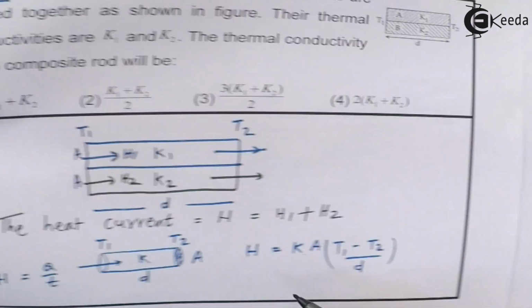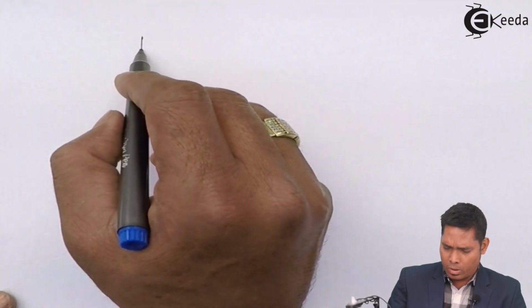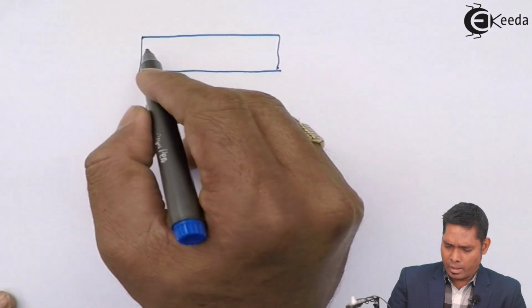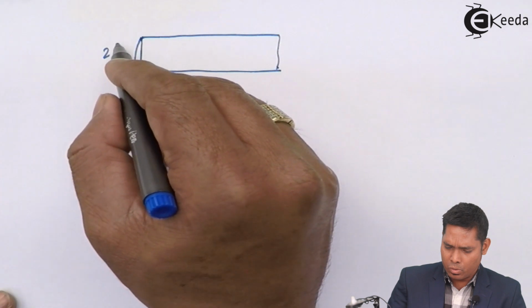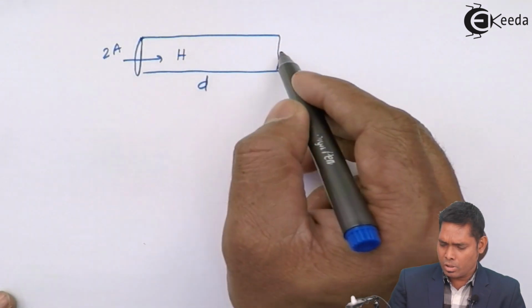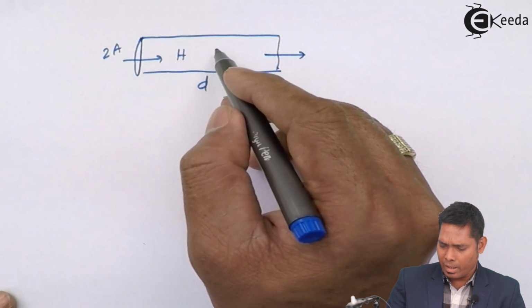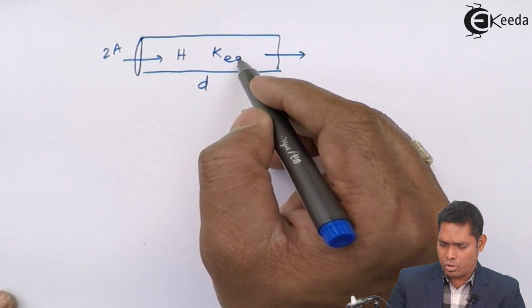Now if I think of the total composite rod, it will have area of cross section 2A, distance D, and the heat flowing is H, with equivalent conductivity, which I'll call K equivalent.